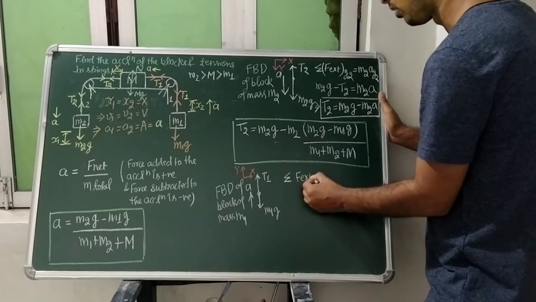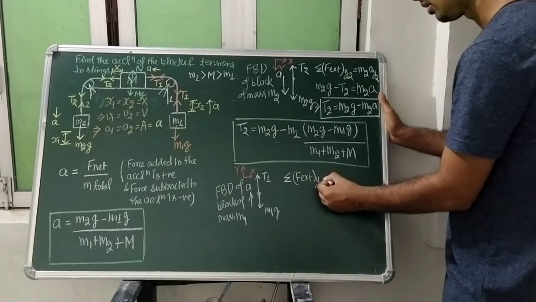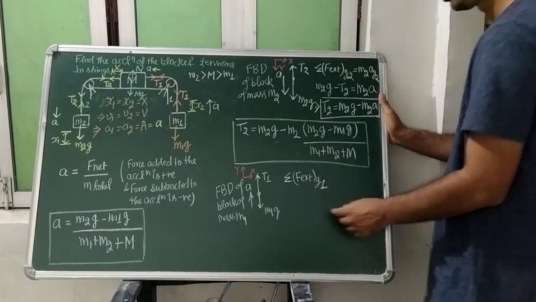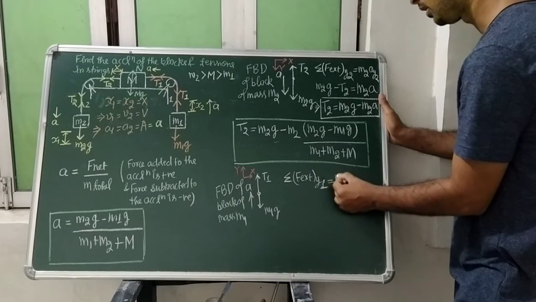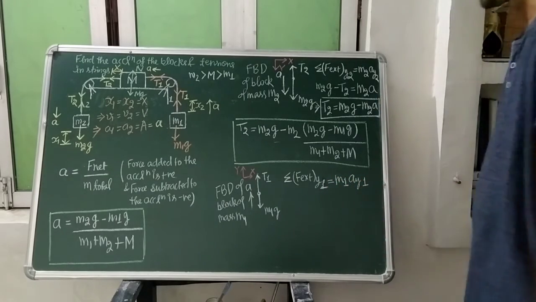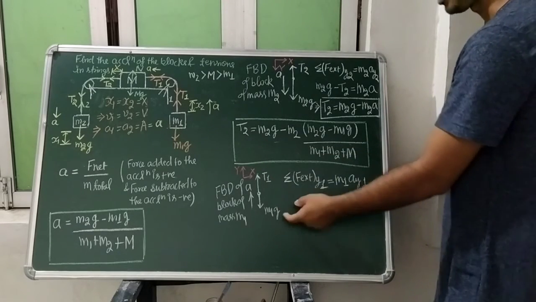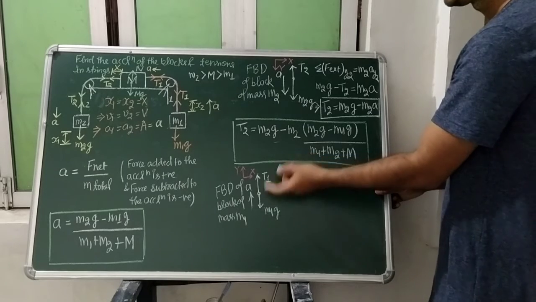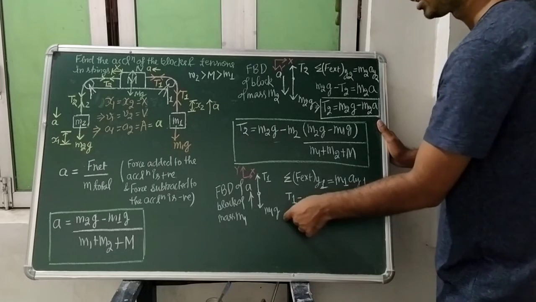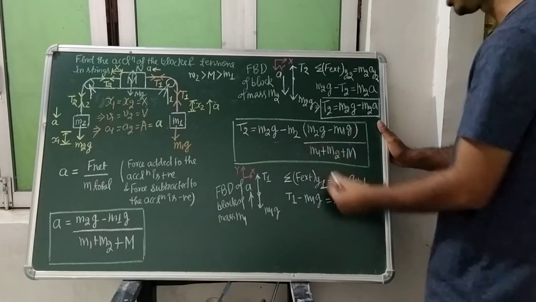So vector sum of all the external forces acting in that y direction for the block 1, that should be mass m1 times acceleration in y direction for the block 1. F external for the block 1 which are acting here is m1g and t1, and upside you have assumed as your positive, so this will give us that t1 minus m1g, that should be m1 times acceleration is what, students?